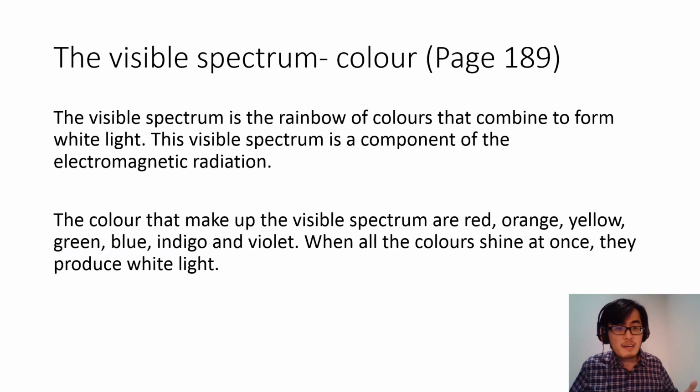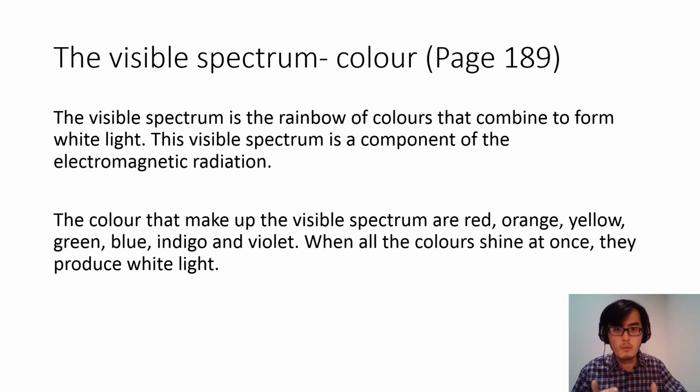Alright, so we are looking at the visible spectrum for today. It says the visible spectrum is the rainbow of colors that combine to form white color. So all of the colors combined will be of white color. It says that this visible spectrum is a component of electromagnetic radiation. If you still recall, we looked at a range of what we call the electromagnetic radiation.